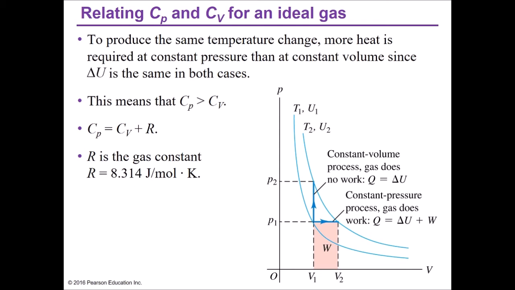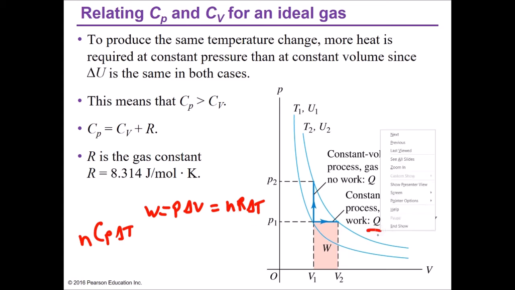We can sort of rearrange those quantities, right? Because look, if our work for a constant pressure process is P delta V, well, using the ideal gas law, that's nR delta T, right? And for the heat in the constant pressure process, it's going to be nCP delta T. That's the heat that was added in the constant pressure process, this quantity right over here.